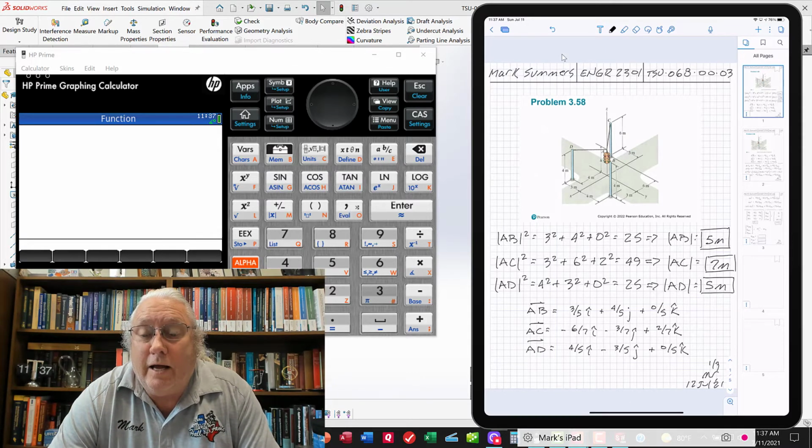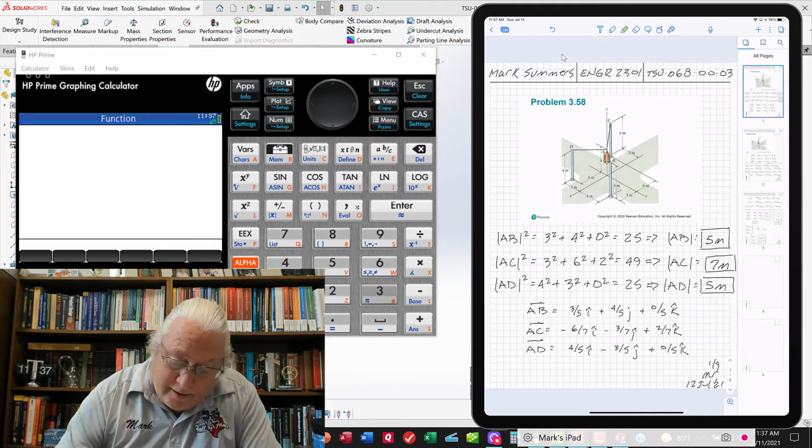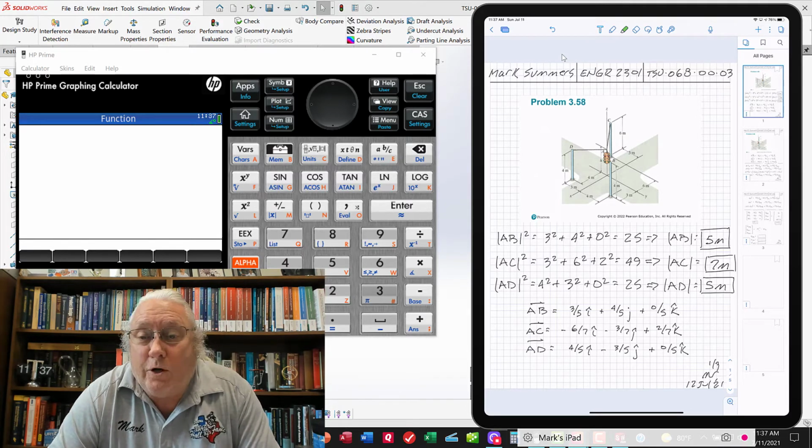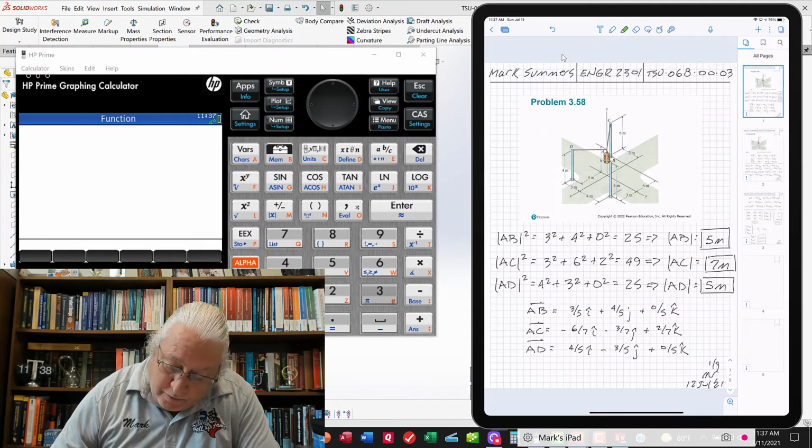So what we're going to do now is create unit vectors along AB, AC, and AD so we can determine what part of that load is going to go in each one of those directions. And so we use these values here.